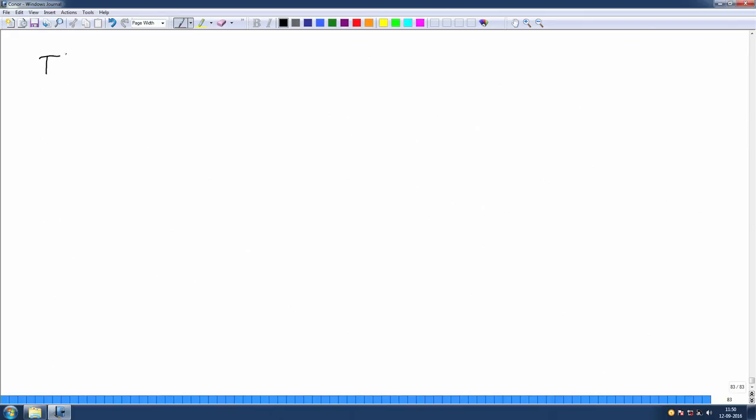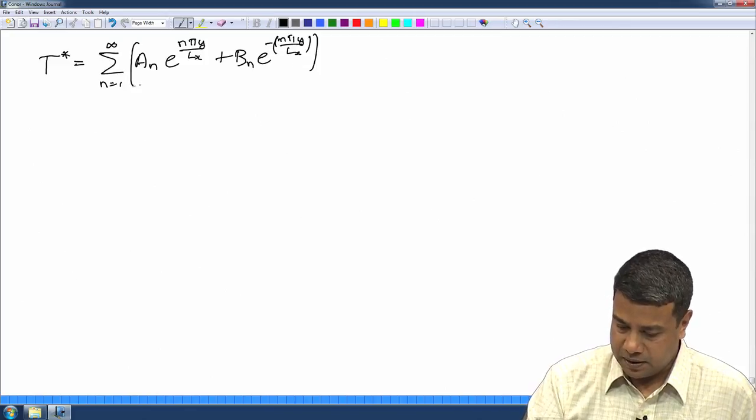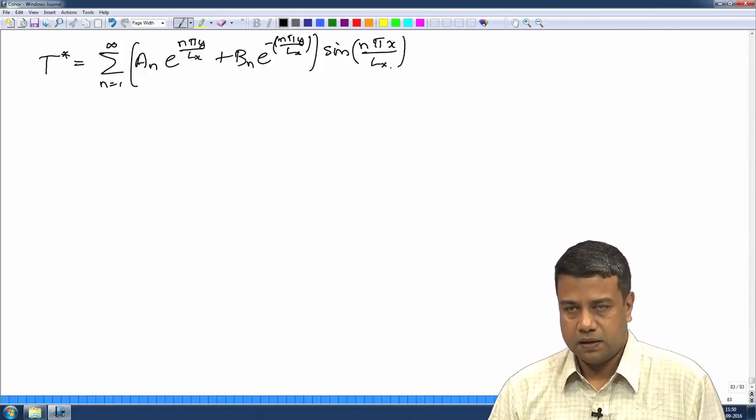So, the solution that I had for the temperature field is the summation n is equal to 1 to infinity of A n e power n pi y by Lx plus B n e power minus n pi y by Lx, into sine of n pi x by Lx.